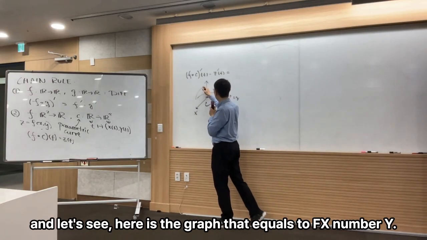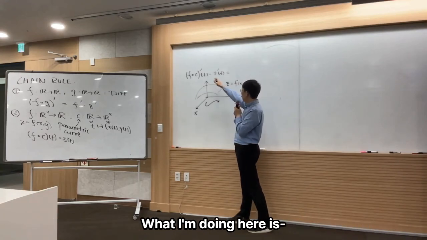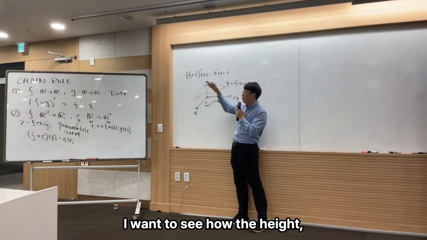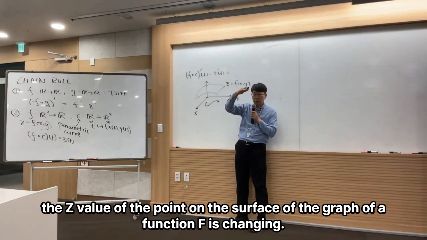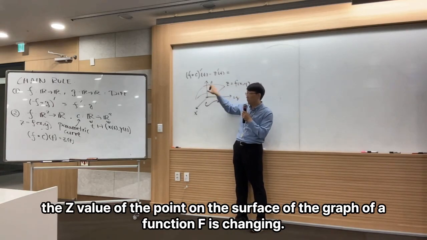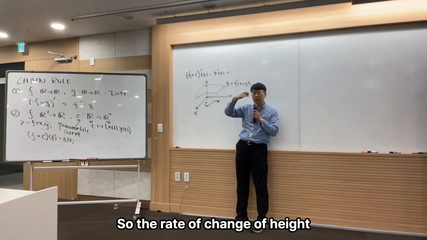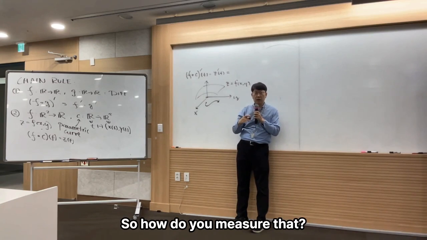And here is the graph that equals f(x, y). What I'm doing here is, as the point is moving along the curve, I want to see how the height, the z value of the point on the surface of the graph of the function f, is changing. So the rate of change of height is z prime. So how do you measure that?